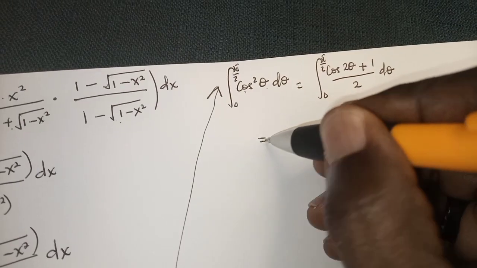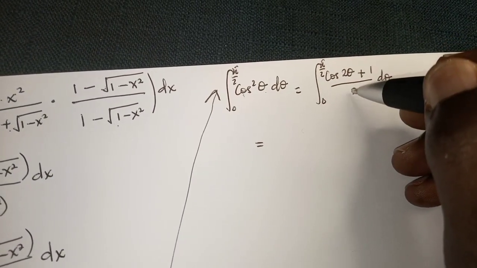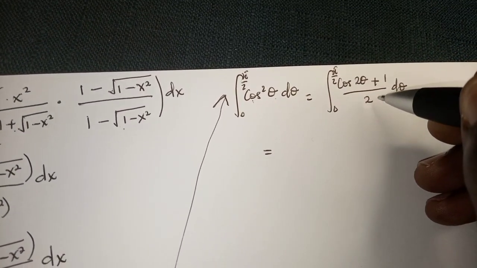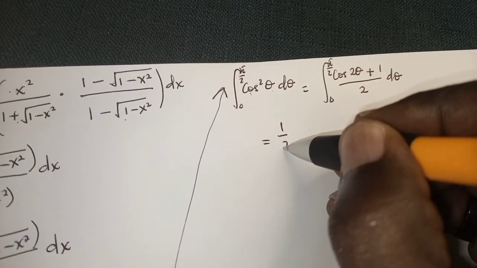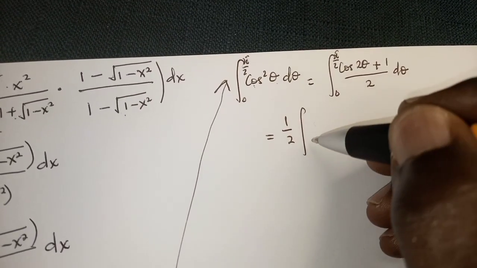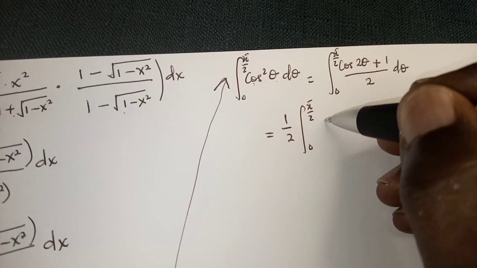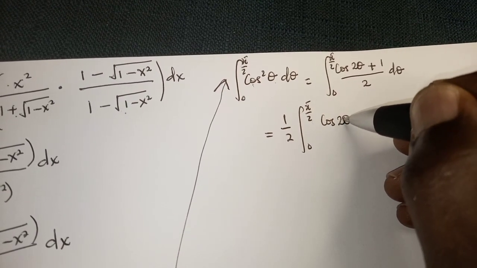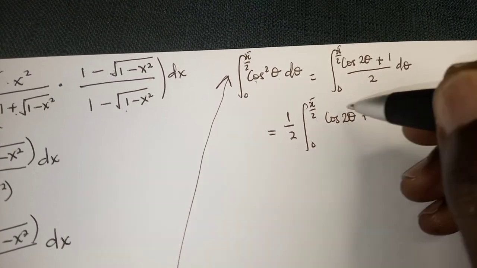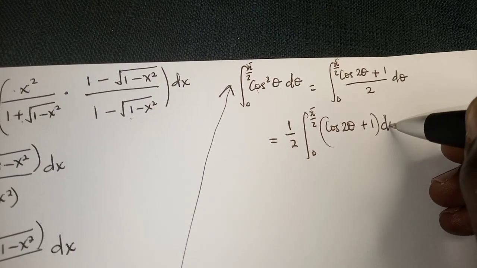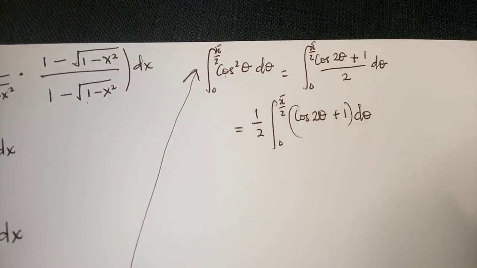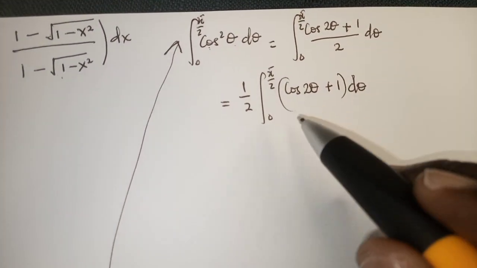So we take the constant out, that's 1/2, from 0 to pi on 2 of cos 2 theta plus 1 d theta. So we integrate now.